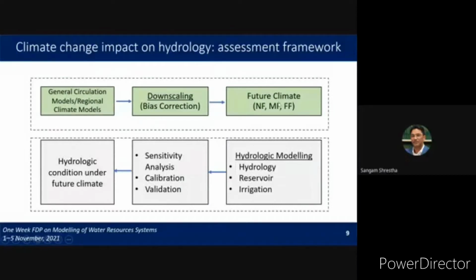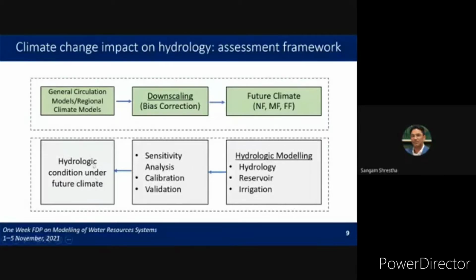So once we have the future climate data, the second step consists of using this future climate data in the hydrological models to predict what could be the hydrologic conditions under the future climatic conditions. There are several hydrological models or hydrological tools available for the hydrological modeling, right?